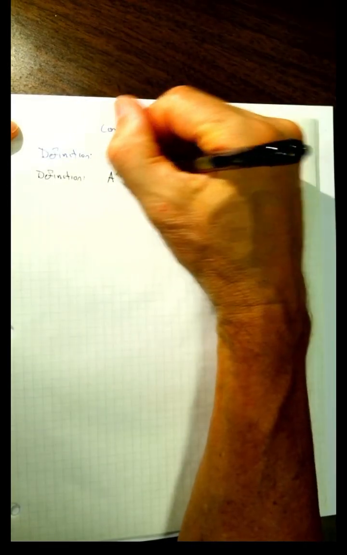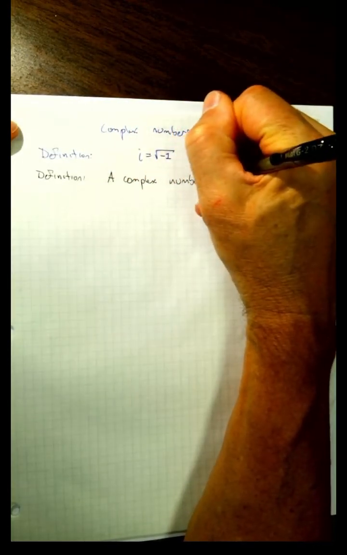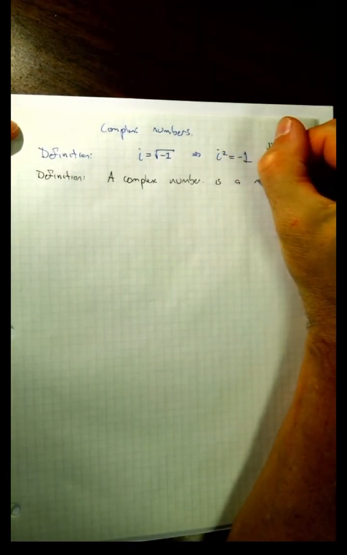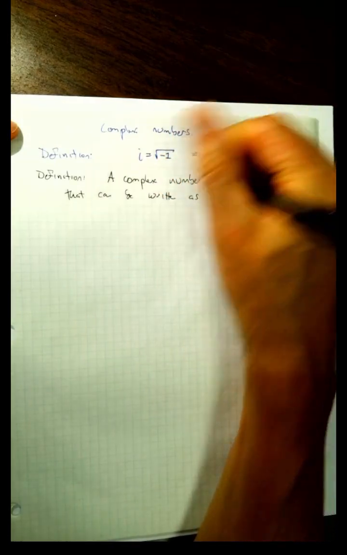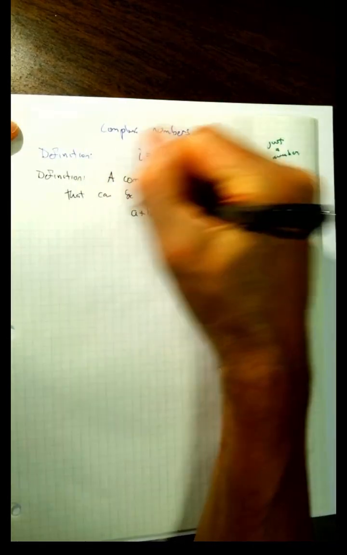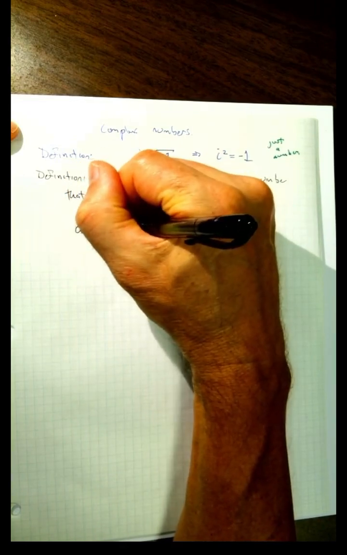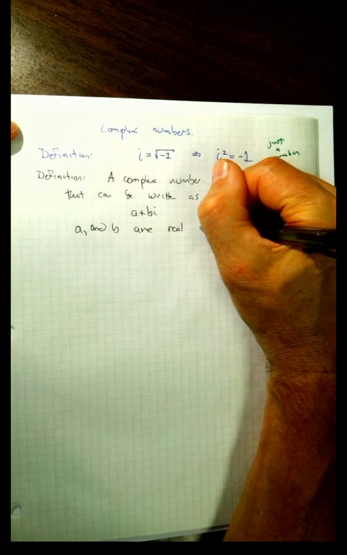The next definition is something called a complex number. So a complex number is a number that can be written as a plus bi, where a and b are real numbers.